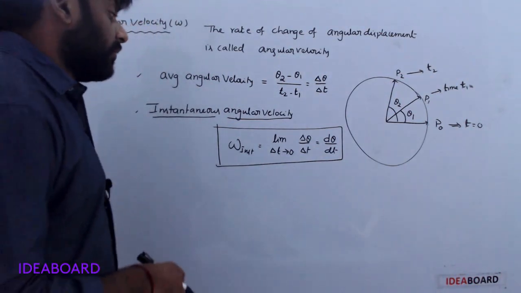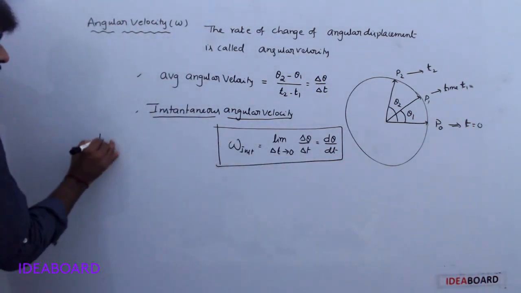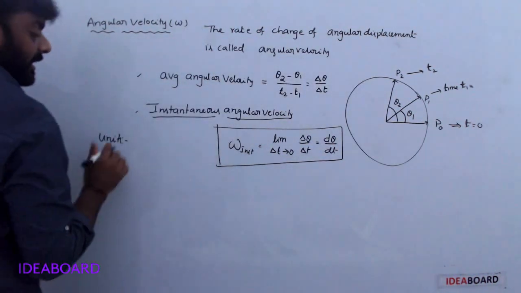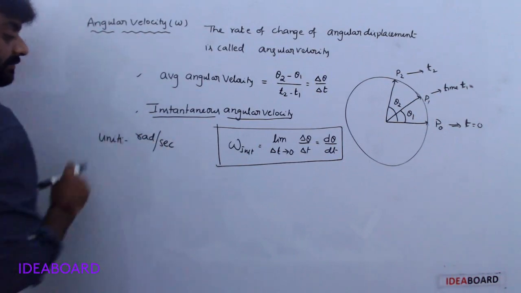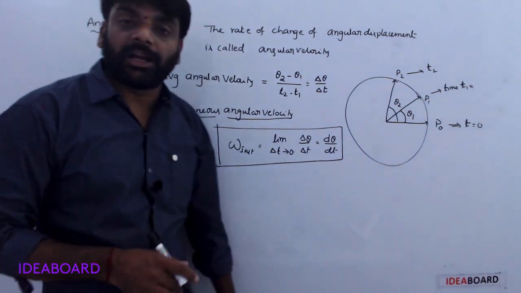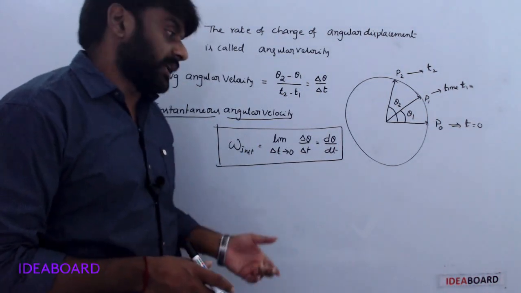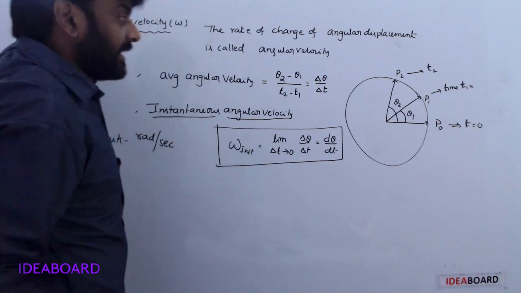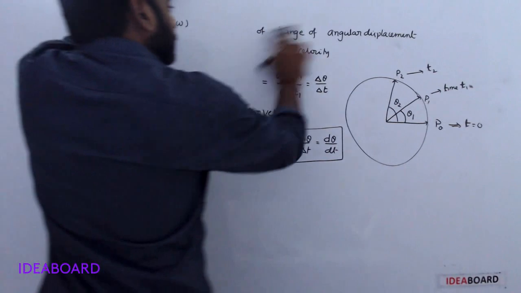Now, units. What are the units for angular velocity? Angular displacement is in radians, time is in seconds, so radian per second is the unit of angular velocity. Next, angular velocity is a pseudo vector.